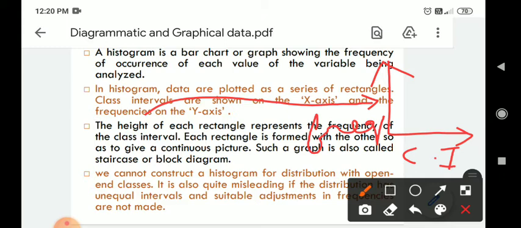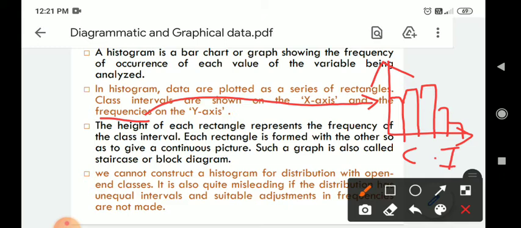The height of each rectangle represents the frequency of the class interval. This is how a histogram looks. Definitely the height of each rectangle will tell you the frequency, because we are plotting frequency on the y-axis.